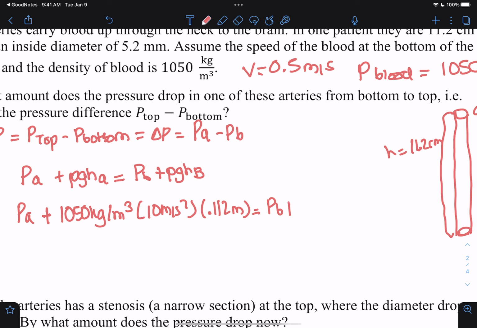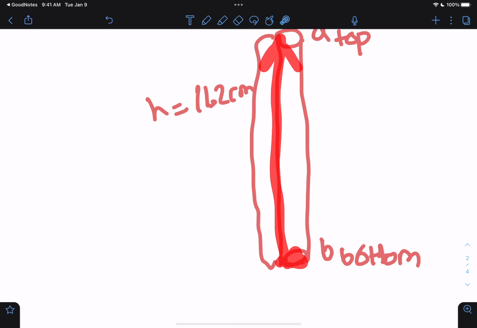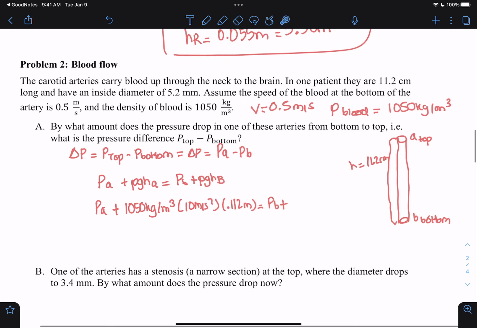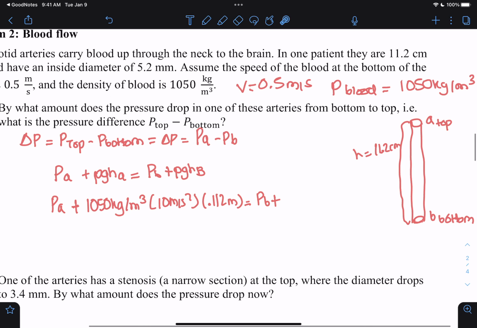Then at point B, it has another pressure. We don't know anything about that yet. But HB, if we're referring to this as our initial height, and we go from downwards to upwards, what is the height at point B? 0, right?